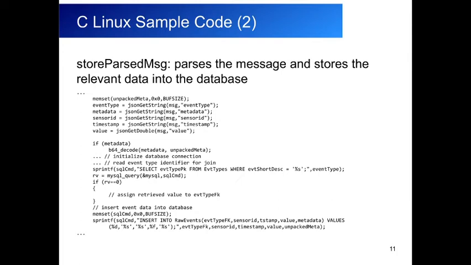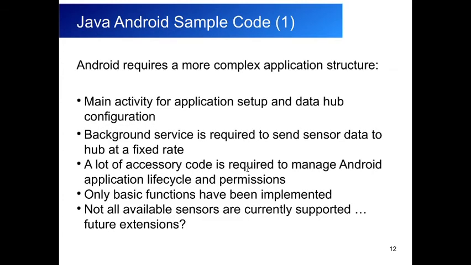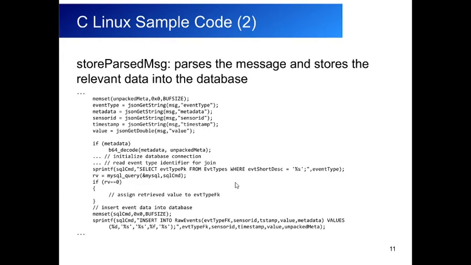We want to make sure that the event type short description matches what will be read from the message. If it is present, we move forward. So we assign what we need to complete the message storage, and you see here the final command is to insert into row events and so on.